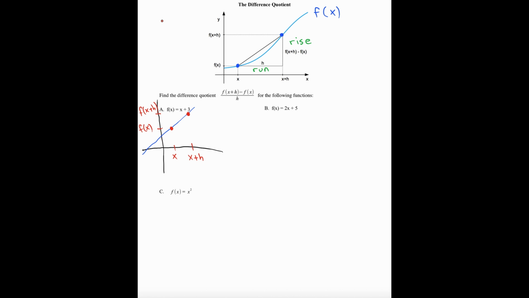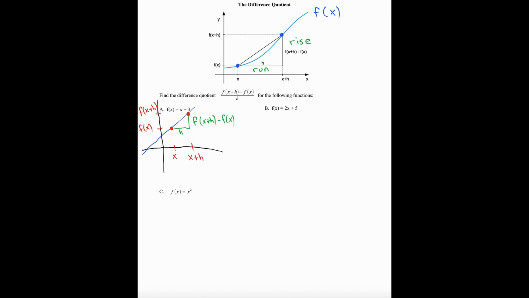All right, what we want to do is we want to create a triangle out of this. It has a width of h, and the height of it will actually be given by f of x plus h minus f of x. So that's all we're doing, is we're just trying to calculate a slope for that function there.